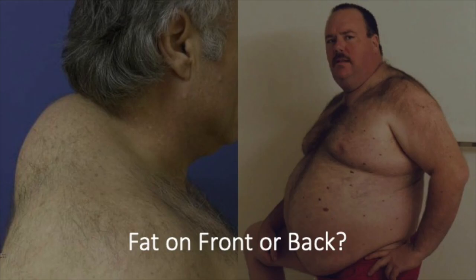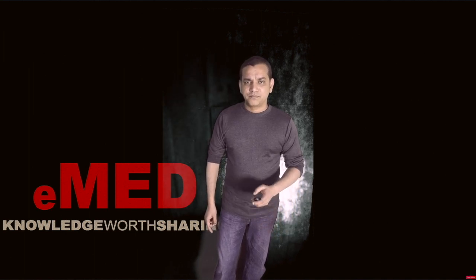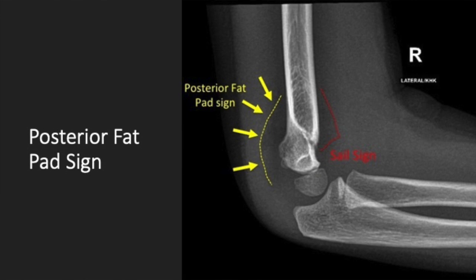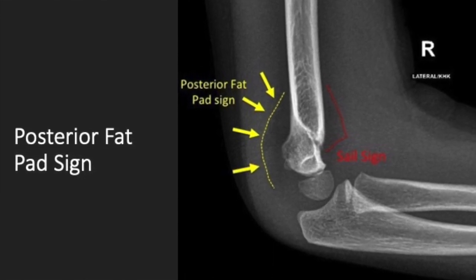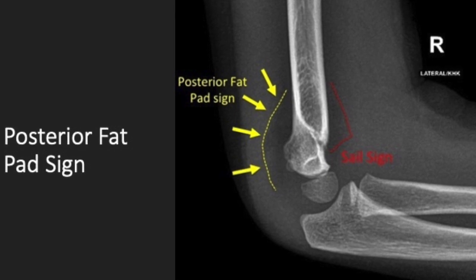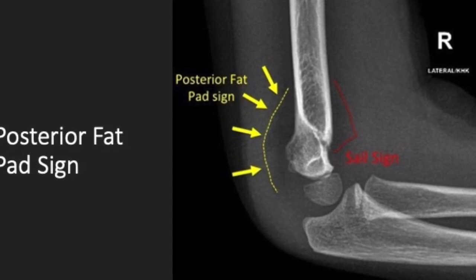It's a part of obesity. But fat at the back demonstrates a pathological process called Cushing's. So here we come and see a fat pad sign on the posterior aspect. A fat pad sign on the posterior aspect is always pathological, and is diagnostic of a supracondylar fracture.